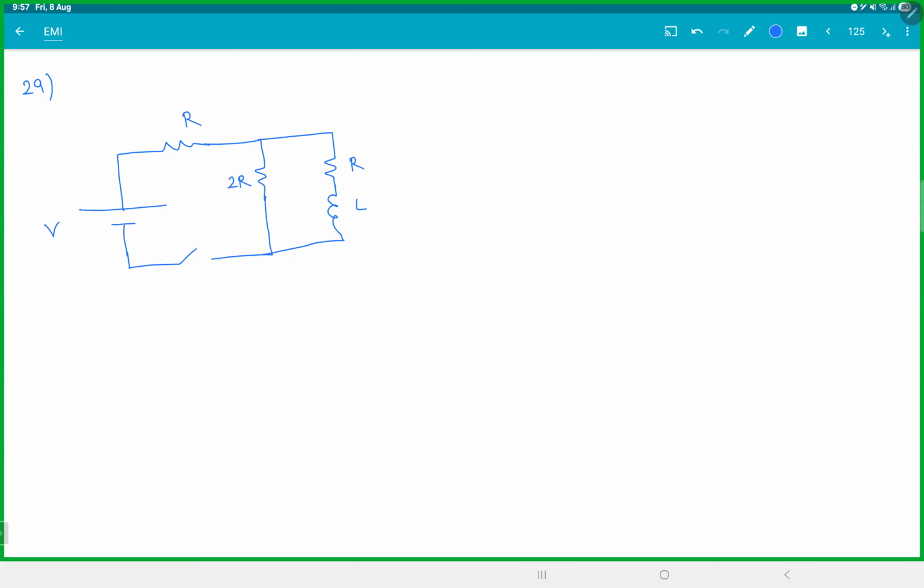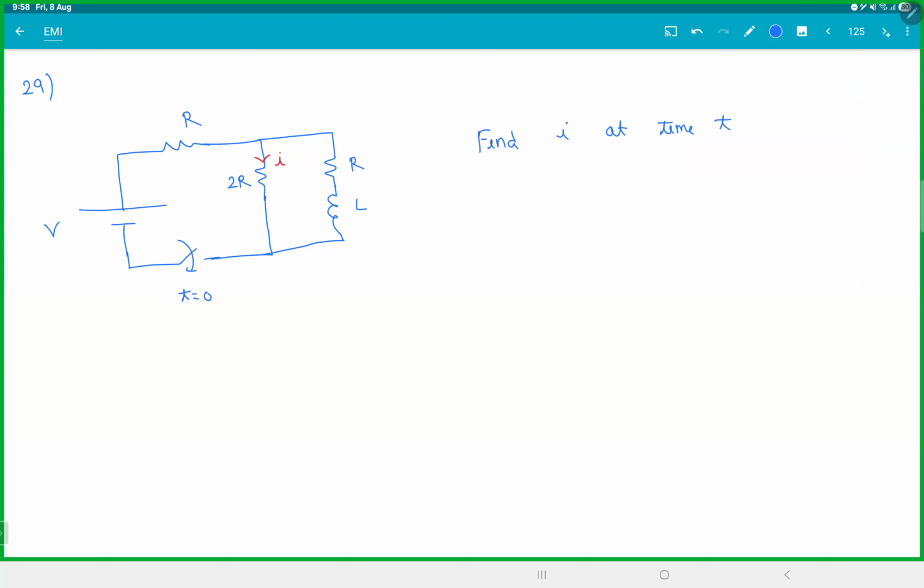This is an example which we did, one of the problems here at T0. I want current in this branch. Find I at time t. So that is the best thing about this general solution: it need not be current in the inductor. That I can be current anywhere in the circuit, and it still works.